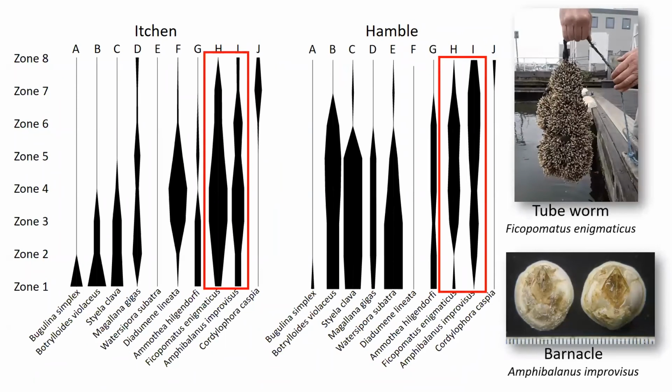These, a tube worm, a worm living in a calcareous, a calcified tube, and an acorn barnacle, are both truly estuarine species, which are pretty much dependent on some degree of seawater dilution, but they're tolerant of a broad range of dilution, so they extend literally or pretty much the whole length of the estuary in both rivers.